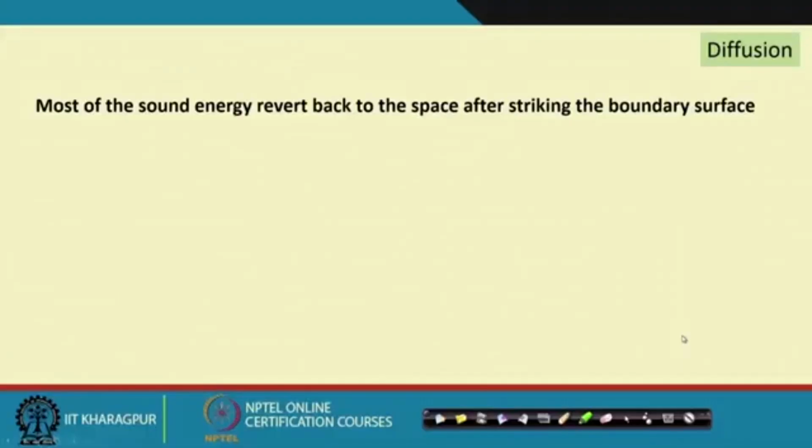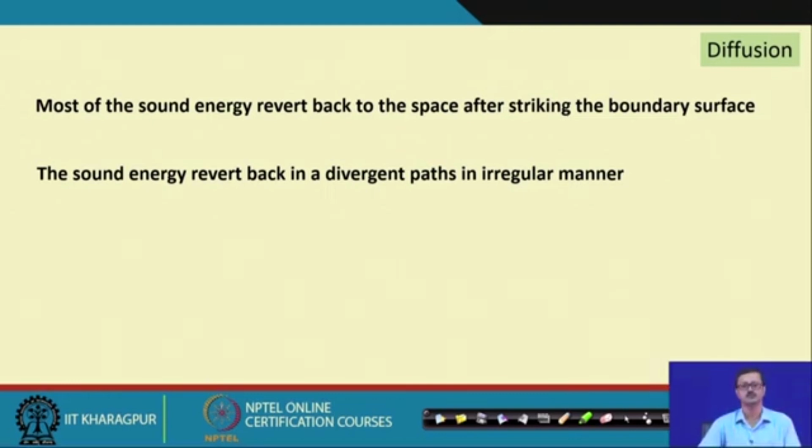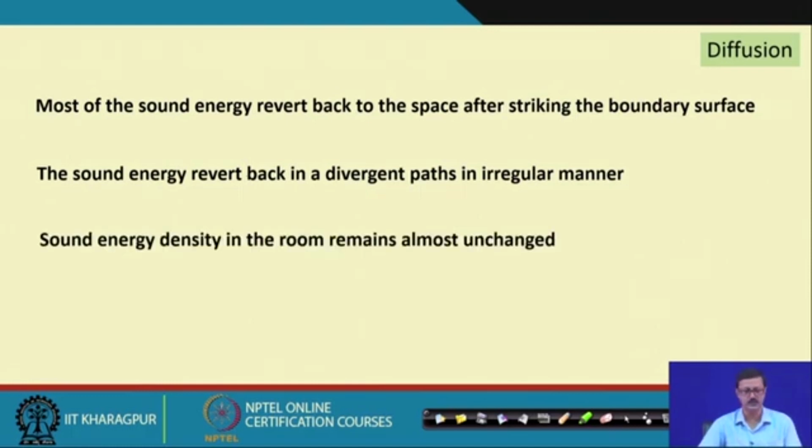In the case of diffusion, most of the sound is reverted back after striking the surface, very much like reflection, but it is diffracted back in a divergent path in an irregular manner, which is one of the significant differences between reflection and diffusion.